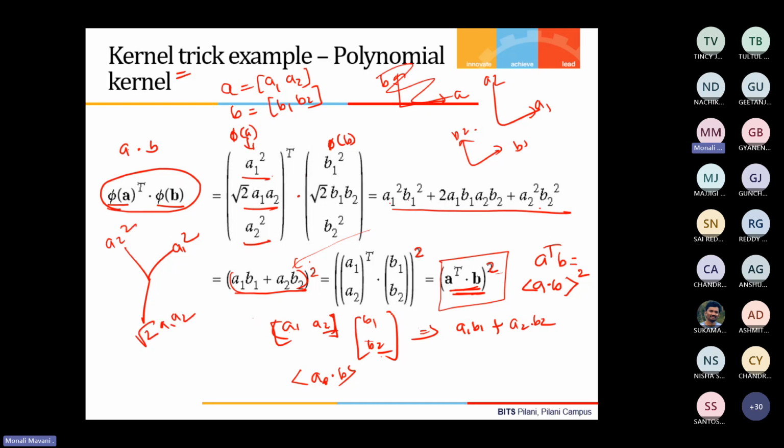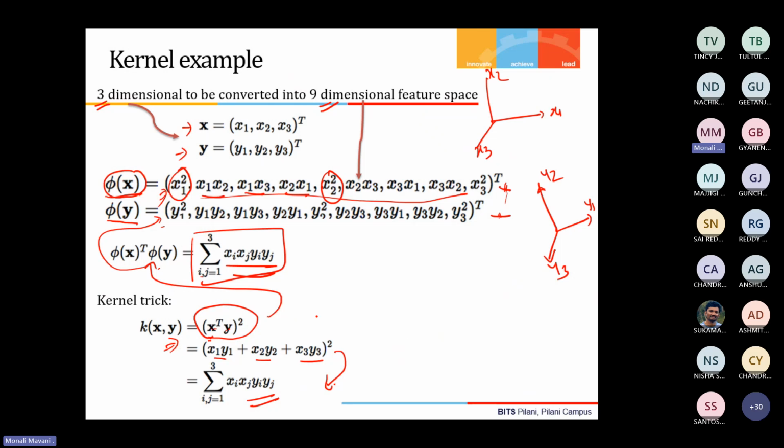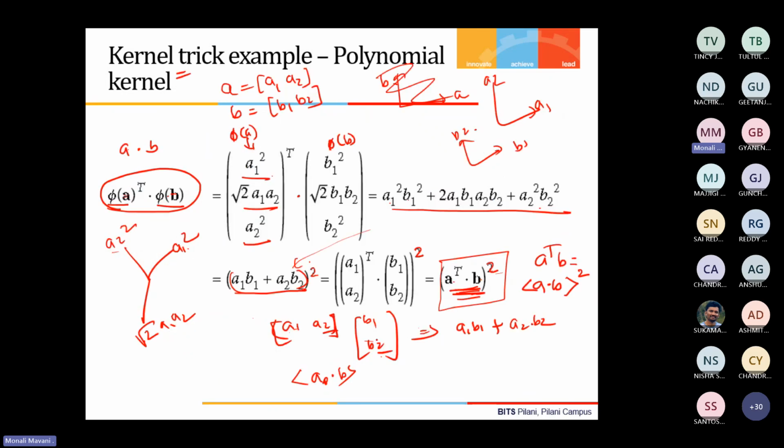This calculation will make you understand that the dot product in a high dimensional space, which is 3-dimension space, is equivalent to the kernel function, the square of a kernel function. It's a quadratic kernel in the original input space, which is just the A and B vectors, which have 2 components, A1, A2 and B1, B2.